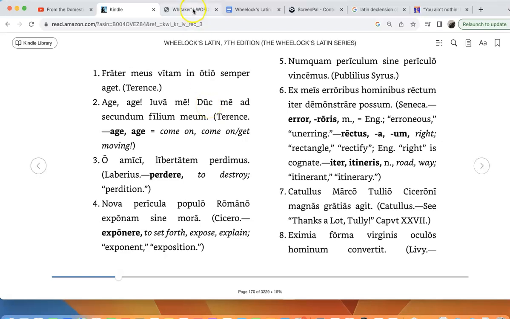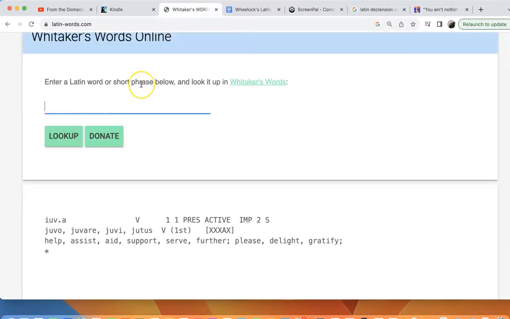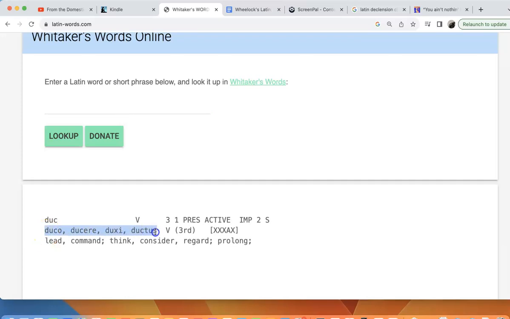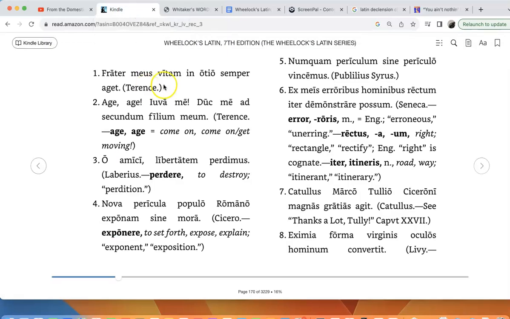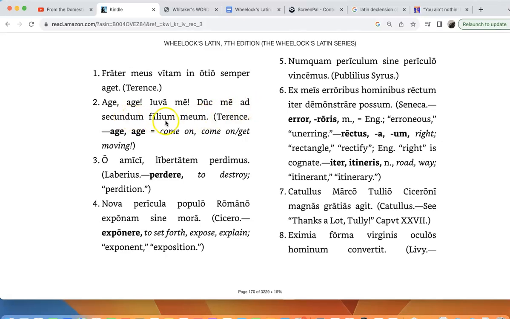And then duc also is in the imperative form, because we have duco, ducere, duxi, ductum, or ductus, they're using the us form for supine. Here are our principal parts, and it can be lead, command, probably not any of these other ones, they don't make any sense. So take me or lead me to my second son.